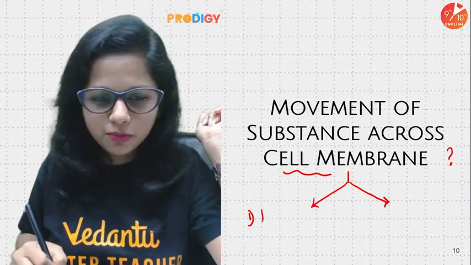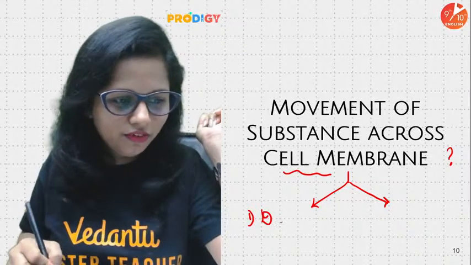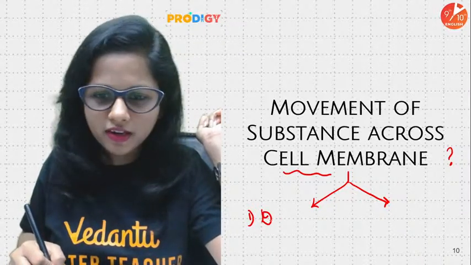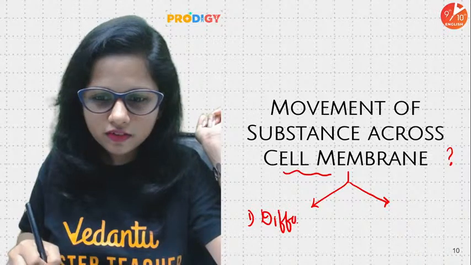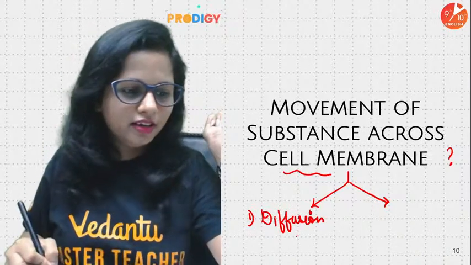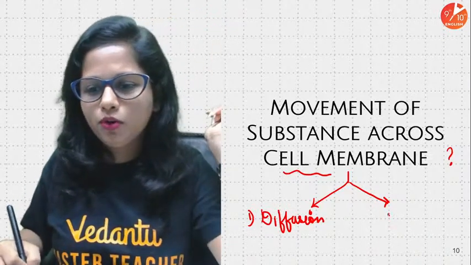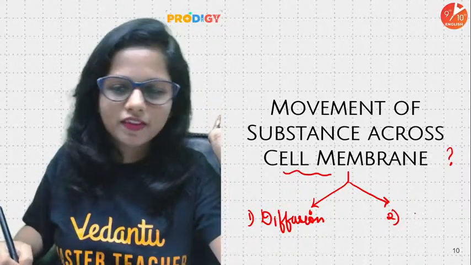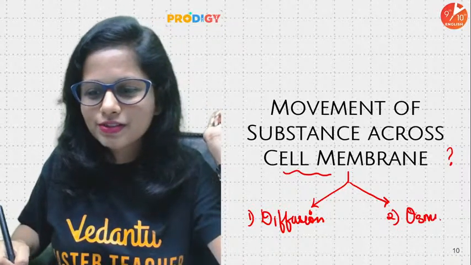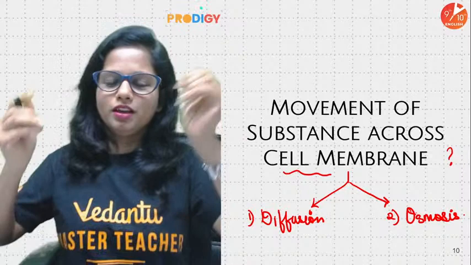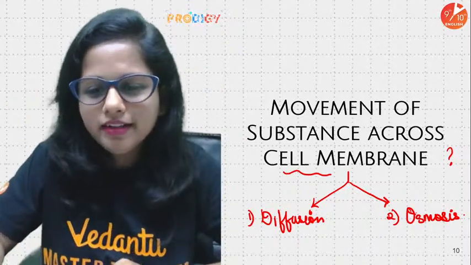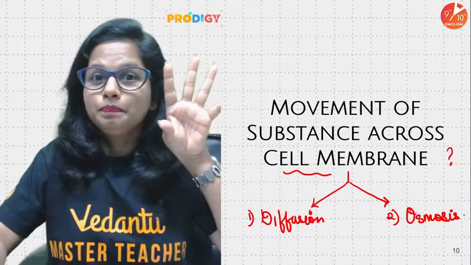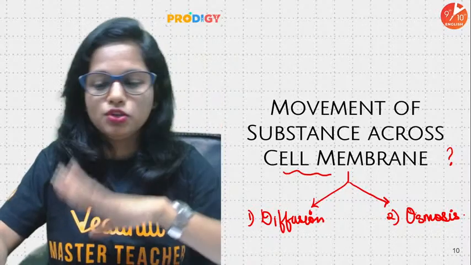First process is diffusion. And the second process will be osmosis. So chalo, let us see the process of diffusion and osmosis one by one.